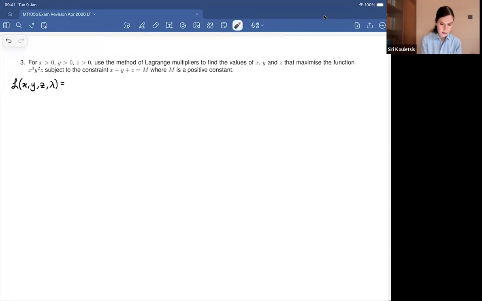And we know that that is this expression here, x cubed y squared z. And then we write minus lambda.